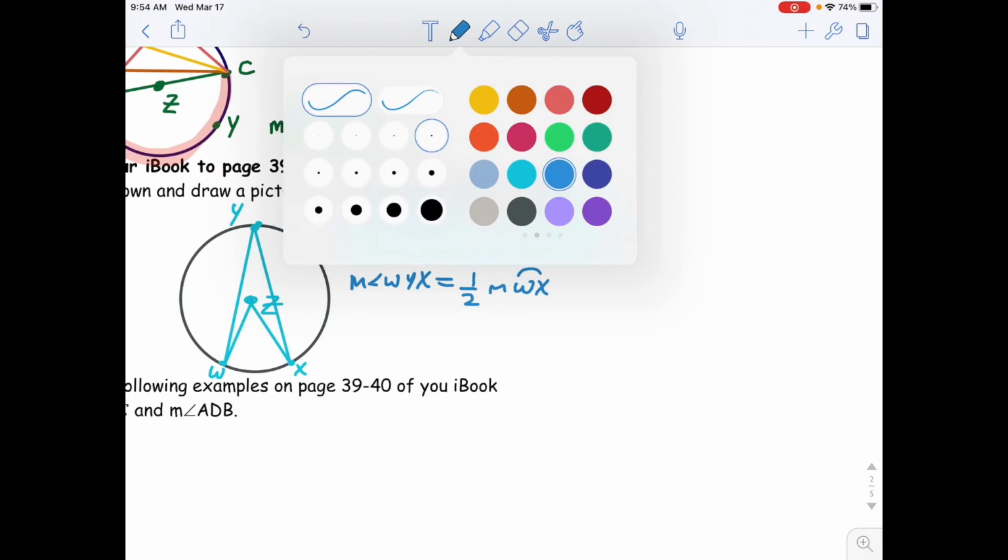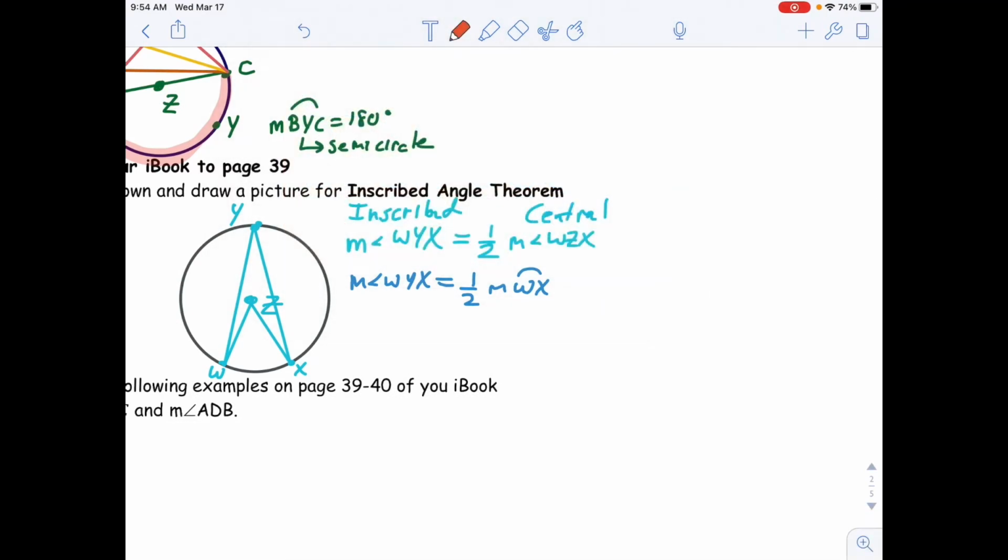And then there's a couple other things we could write. We could write 2 times the measure of the inscribed angle equals the central angle. And that's true for the arc measure as well.